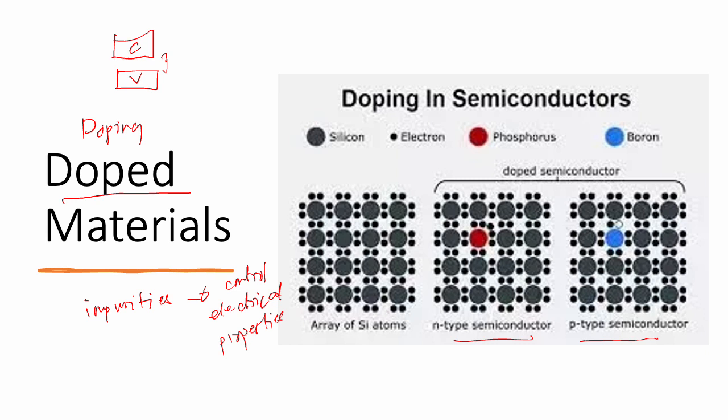So if we have a silicon atom, it has an extra electron here. This extra electron becomes a charge carrier and lowers the energy required for electrons to jump from the valence band to the conduction band, effectively decreasing the band gap.